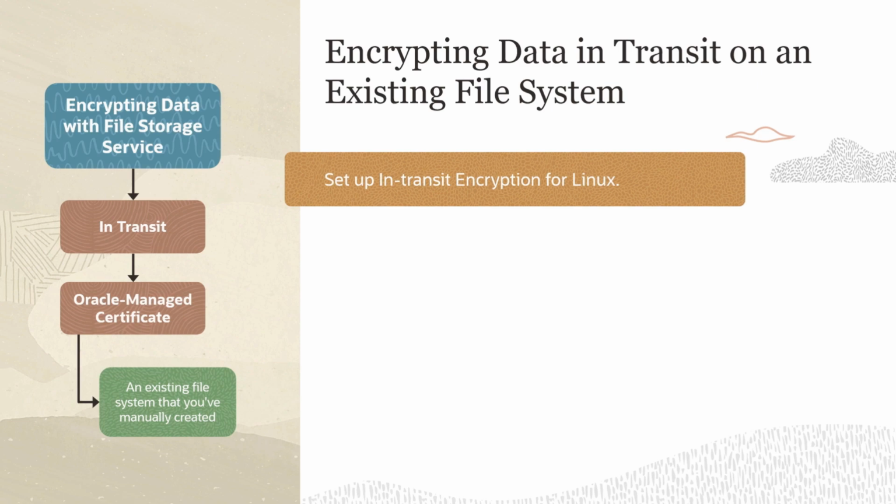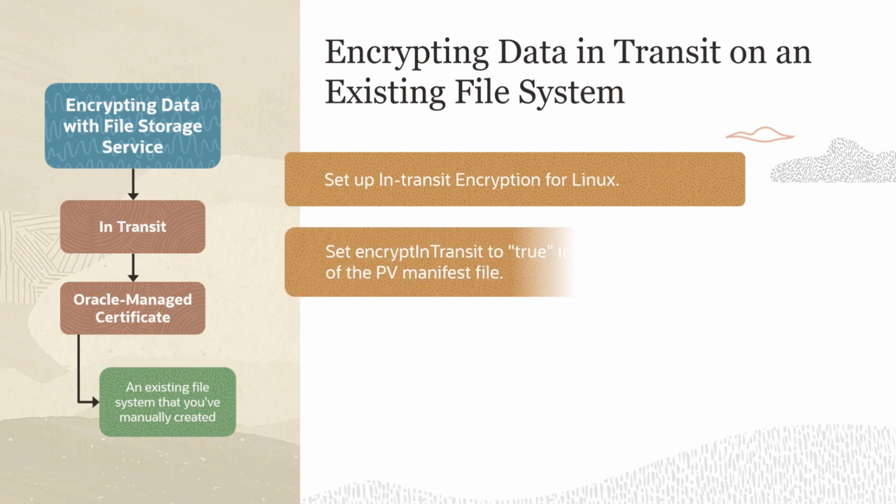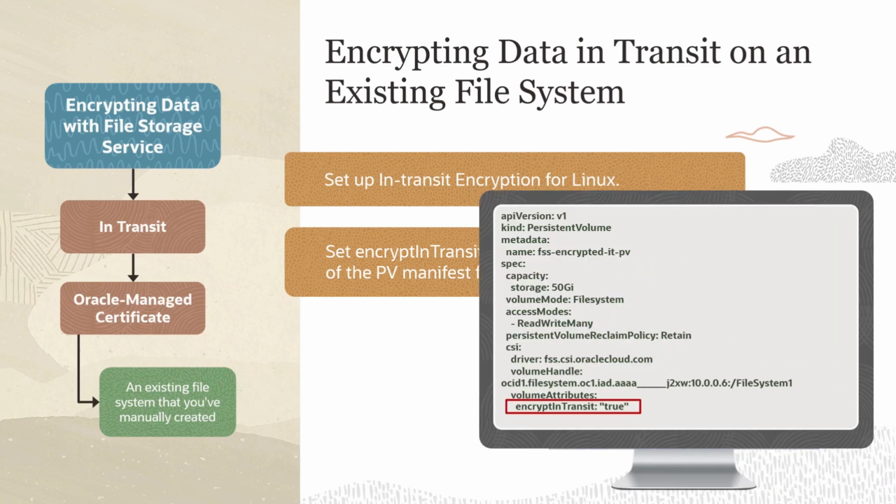However, for an existing file system, the distinction comes when defining a persistent volume. The critical step is to set the encrypt in transit parameter to true in the CSI section of the manifest file when creating the persistent volume.